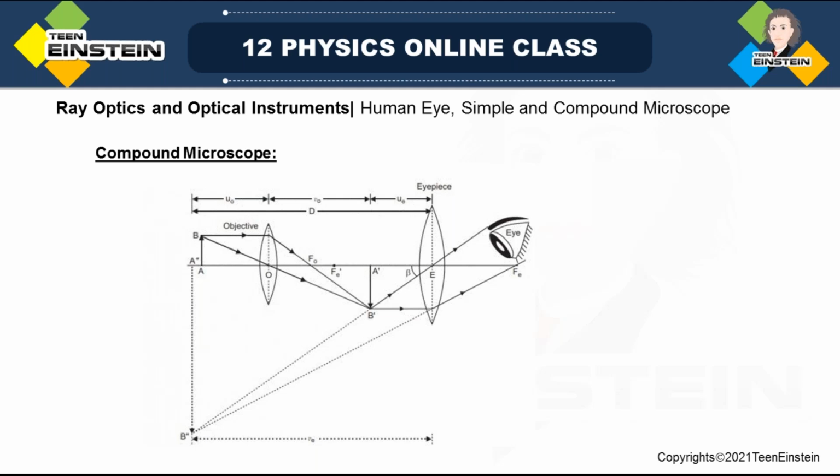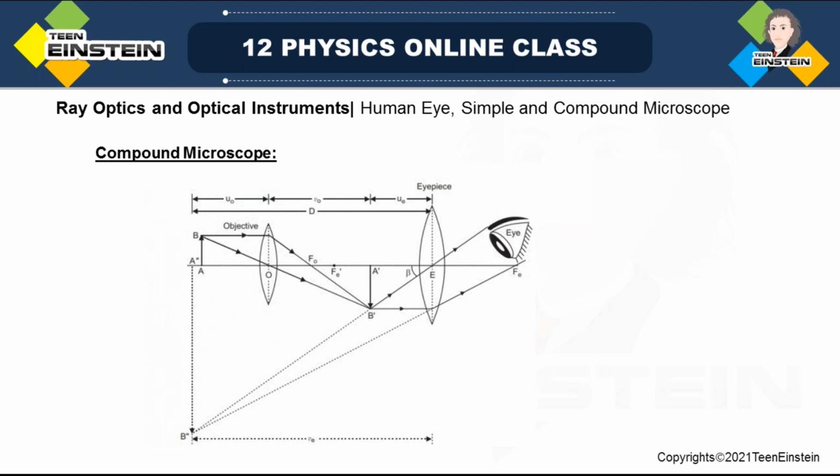Sometimes we use this magnifying lens or simple microscope in the laboratories to see very tiny objects like vernier scales, etc. So these are the uses of the simple microscope.